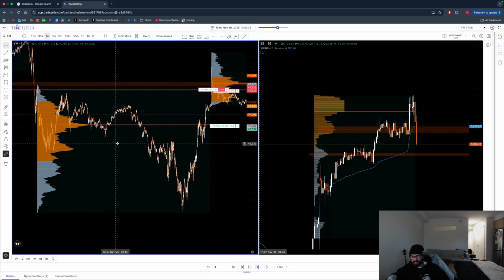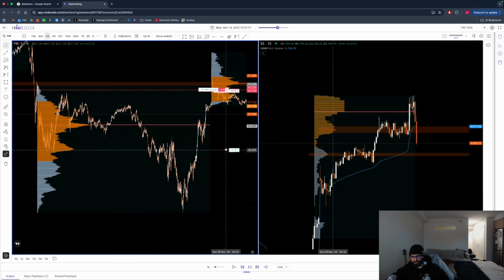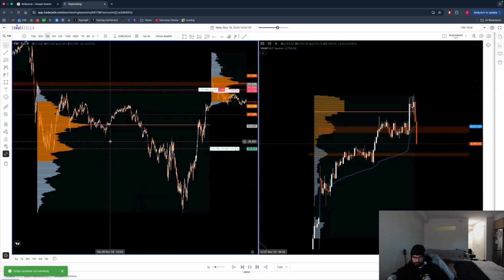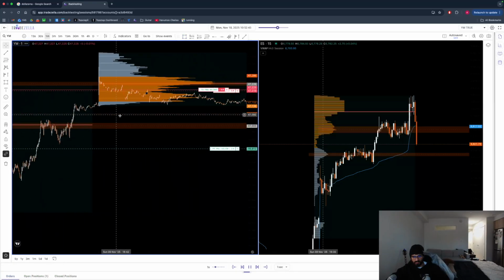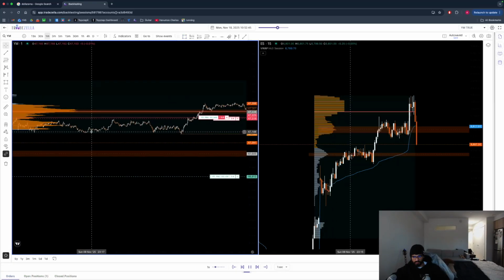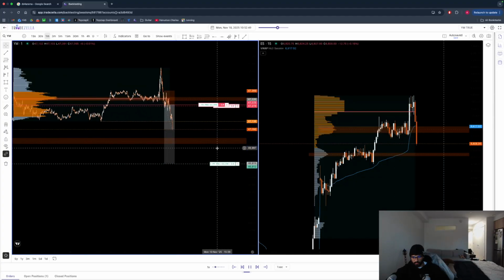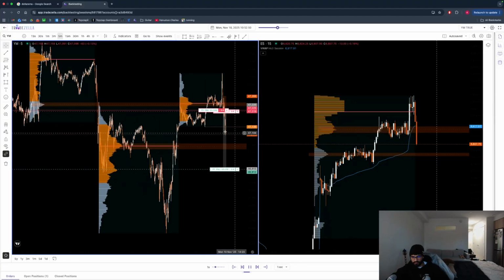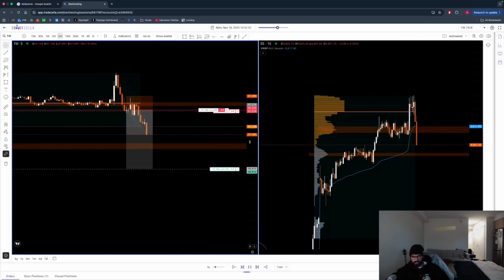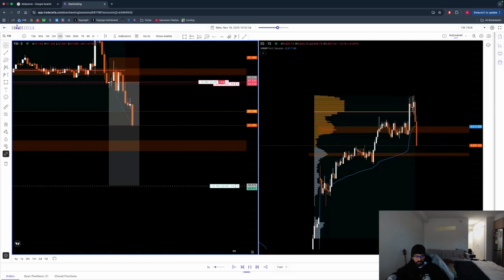And there's an HVN here. I could probably even target this one with a trailing here, if we're gonna get some crazy expansion. So I kind of want to be cognizant of that. See how ES plays.